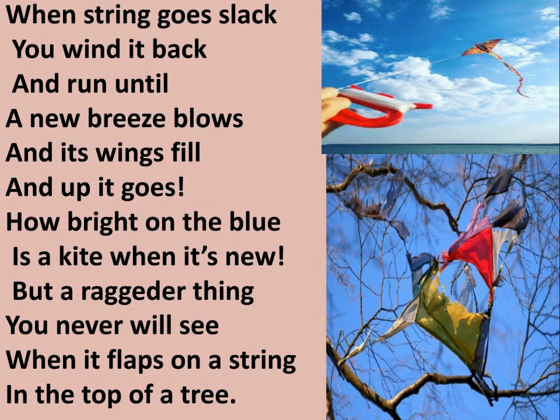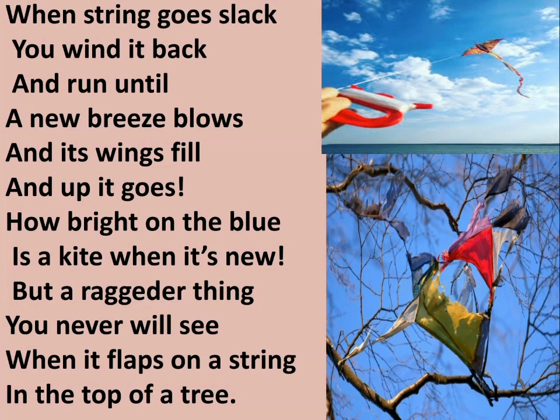So here slack means loose. When the thread tied to the kite loosens, the flyer runs and rolls it back. He winds that string back. He waits till a new breeze of air blows again. And this kite fills that new breeze in its wings, and then again it is ready to fly high.